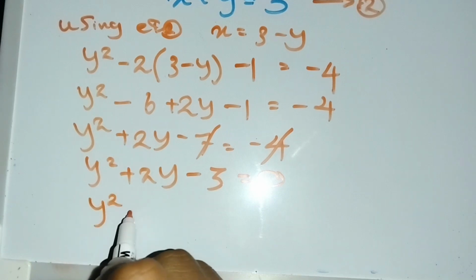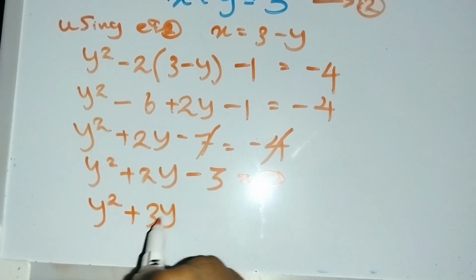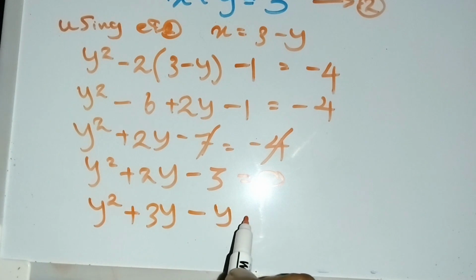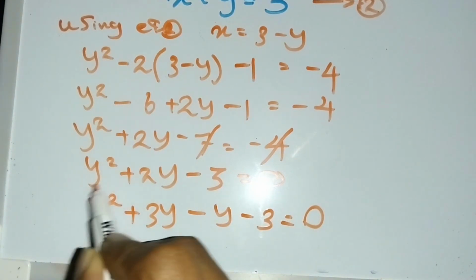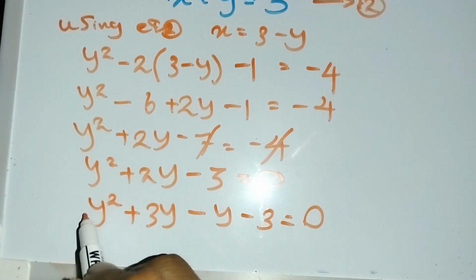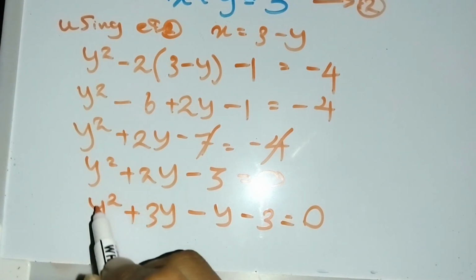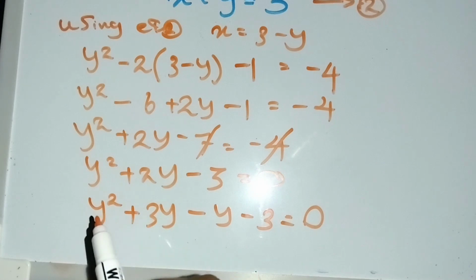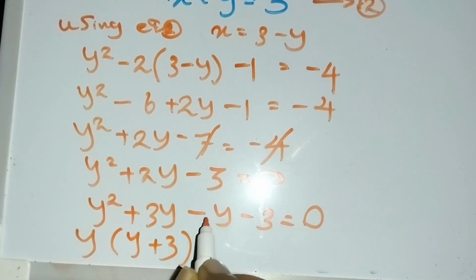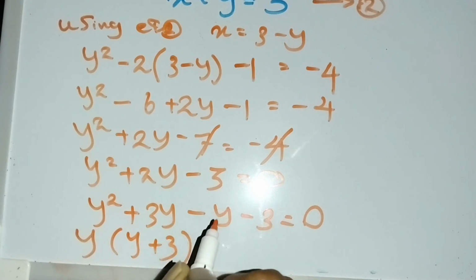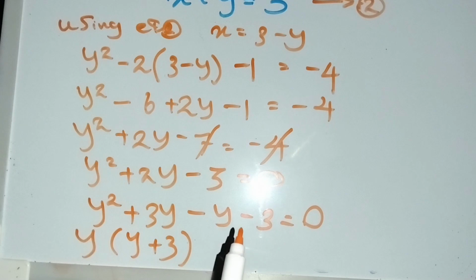y square plus 3y minus y minus 3 equals 0. That means the common factor of y square plus 3y is y. Then y, I can take it out. Then y plus 3, and minus 1 can be taken out from this minus y and minus 3.